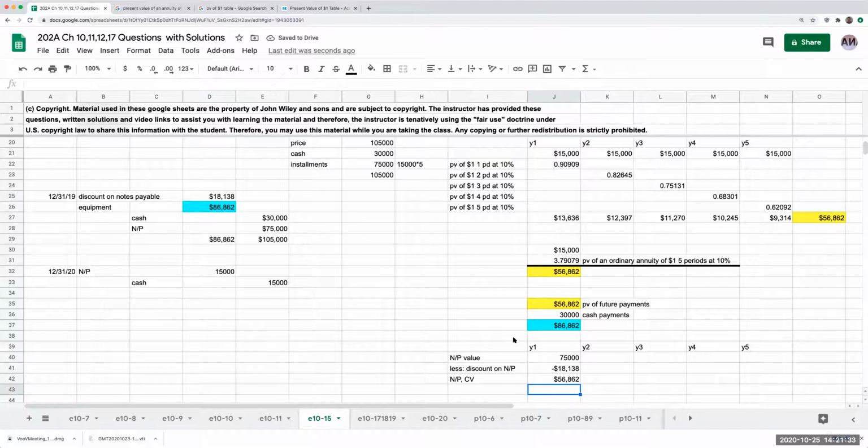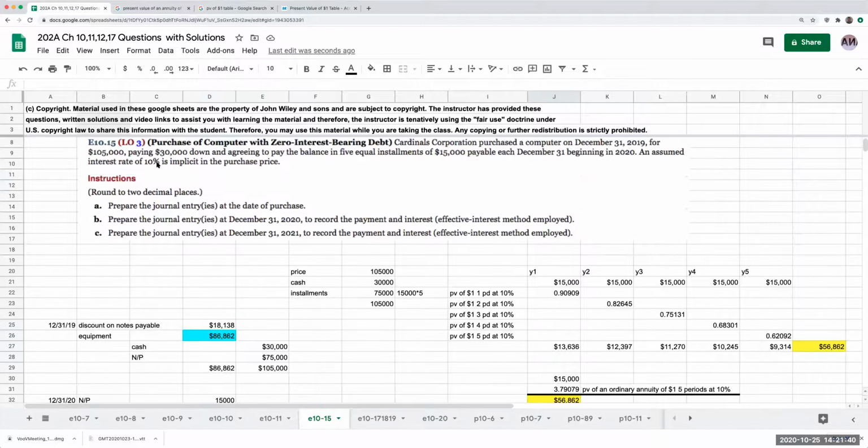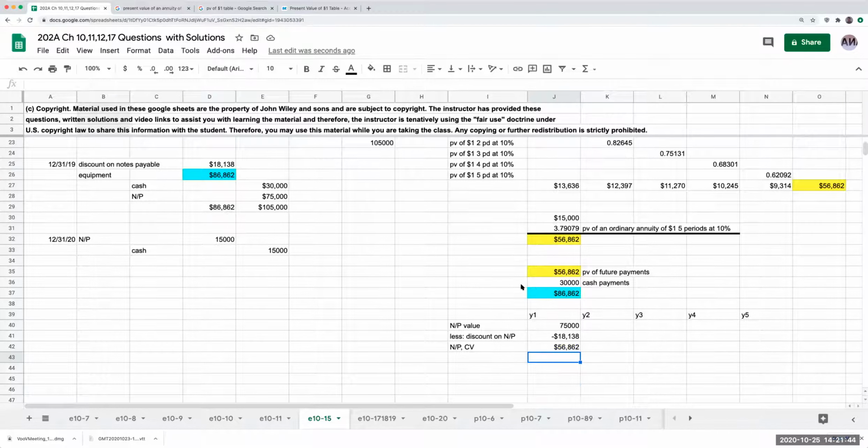This is very important because the carrying value is going to help me determine my interest expense. So the assumed interest rate is 10%. Right over here, my interest rate is going to be full year.